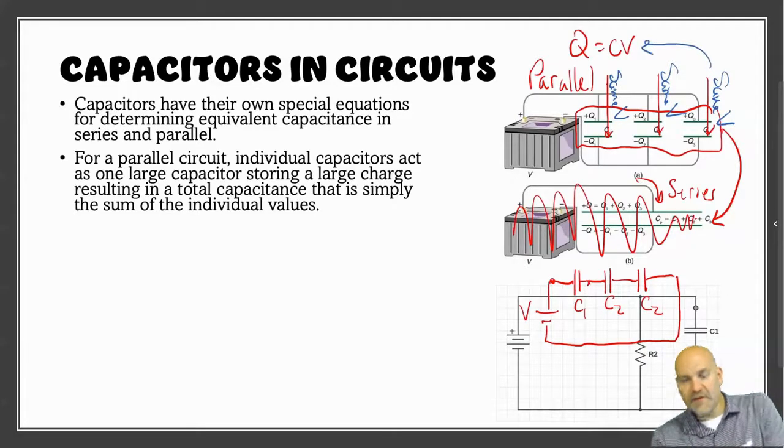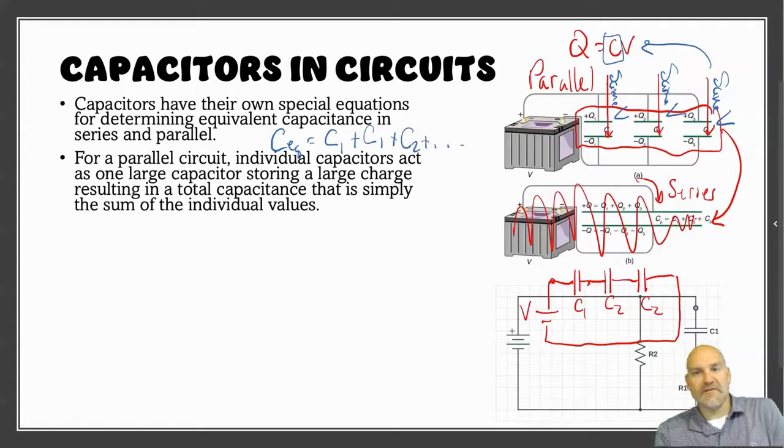That means I can simply add up my Q total to be the sum of those charges. So the equivalent capacitance in parallel is simply C1 plus C2 plus C3 plus and so on. That is what is called the equivalent capacitance.